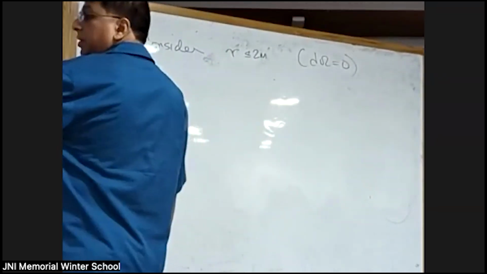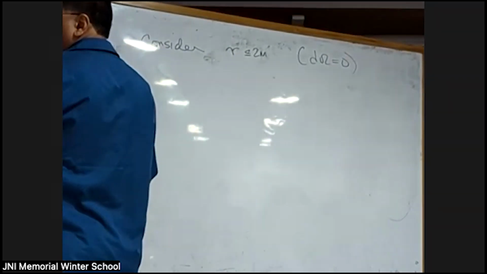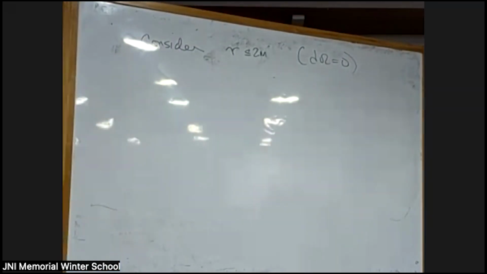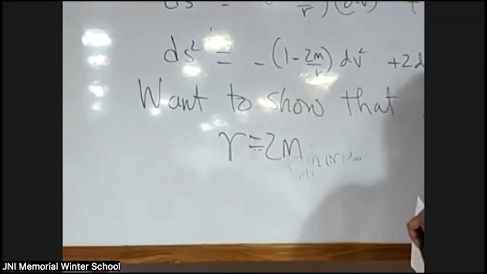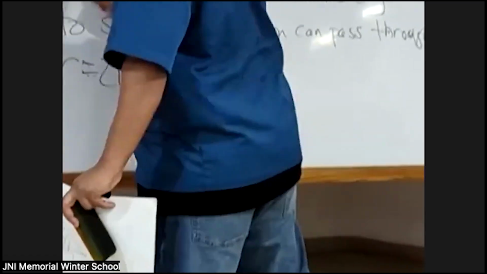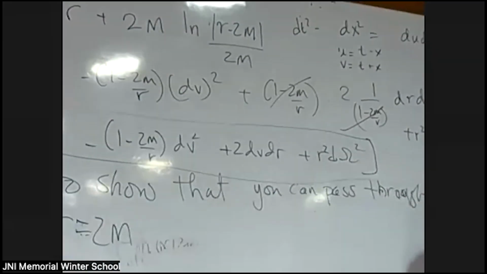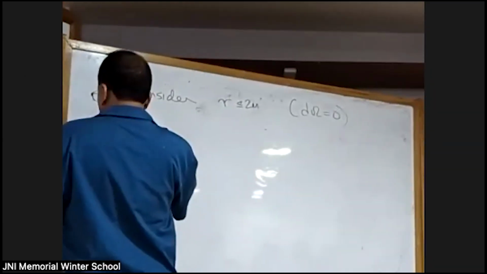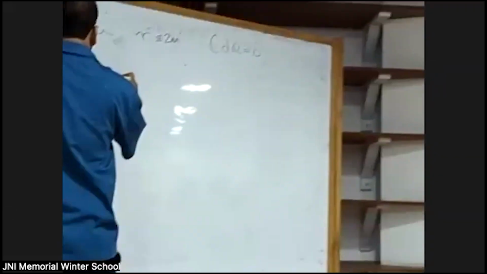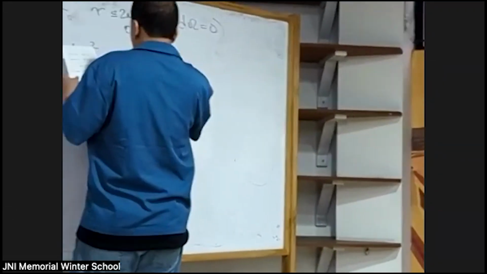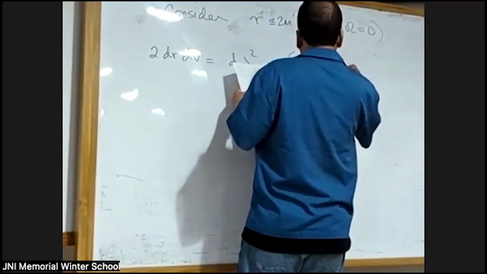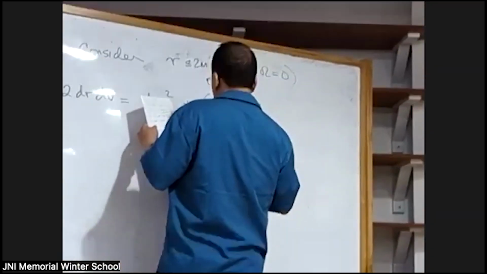Then we have here just really ds squared. I'm just going to manipulate this so that this becomes 2 dr dv is equal to ds squared plus 1 minus 2m over r dv squared.